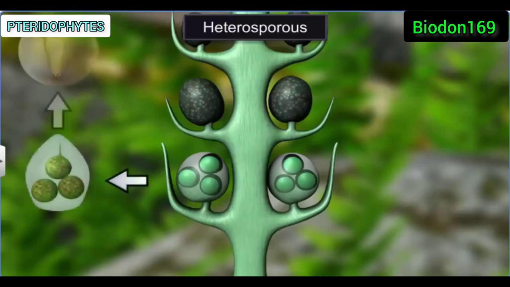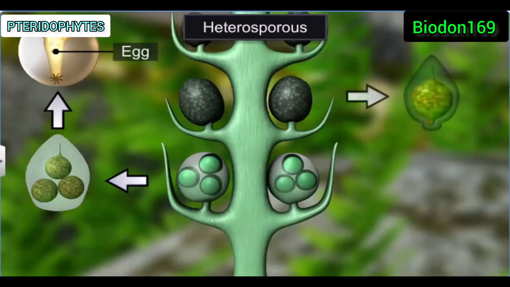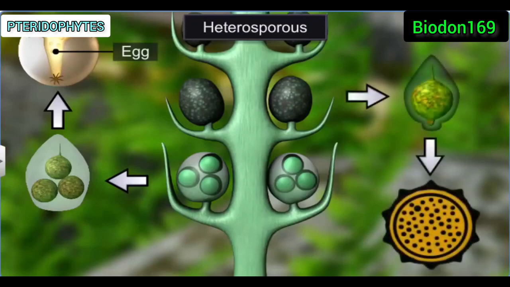Megaspores germinate into female gametophytes, which produce eggs, while microspores germinate into male gametophytes, which produce antherozoids.